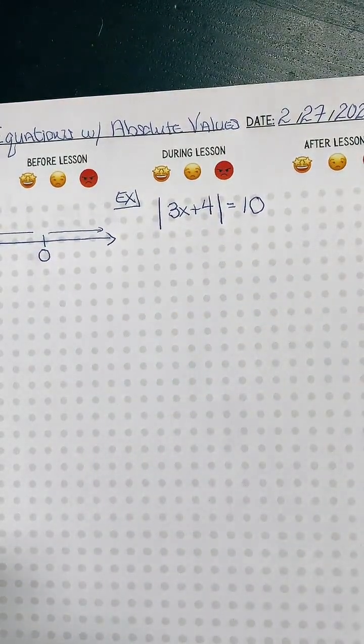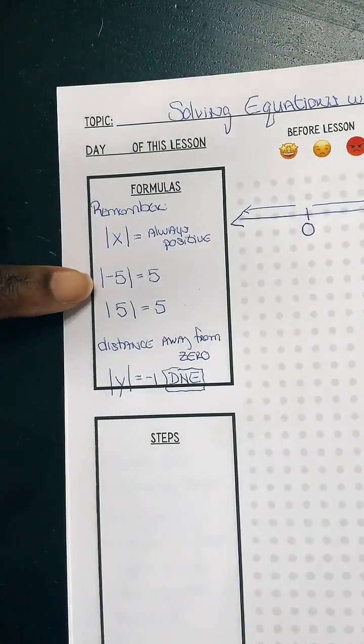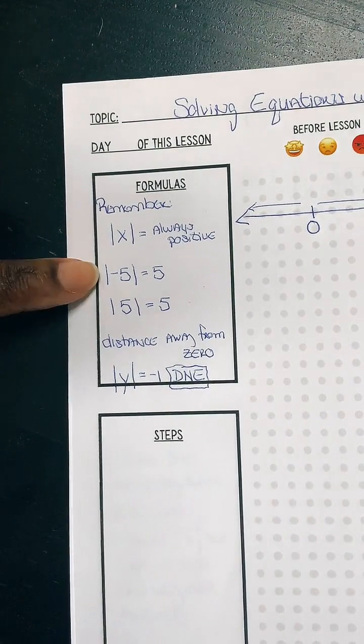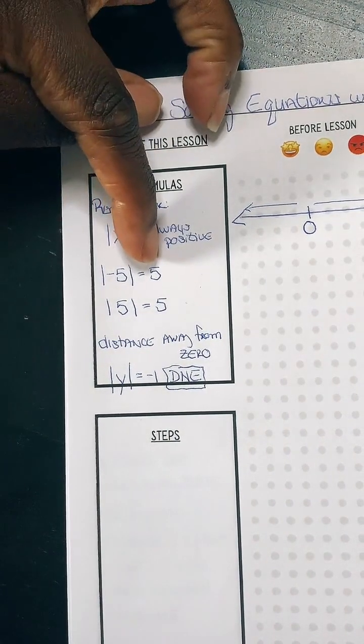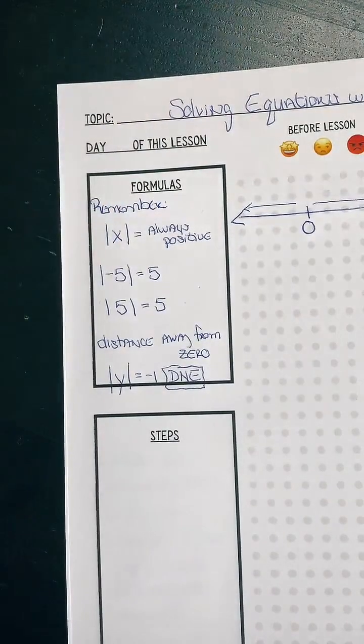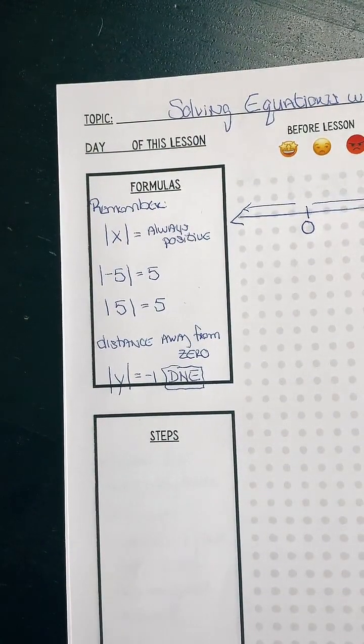Just like I mentioned early on, the positive and the negative inside the absolute value both give me the same answer. So when you're solving, you need to have both of them represented.